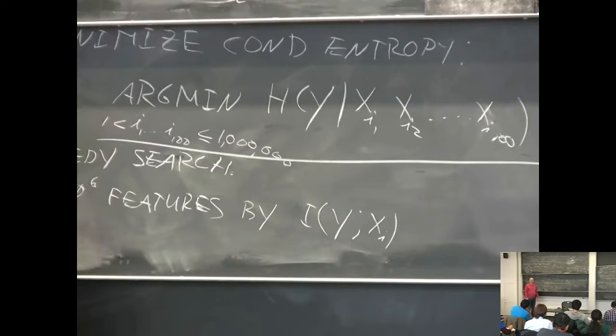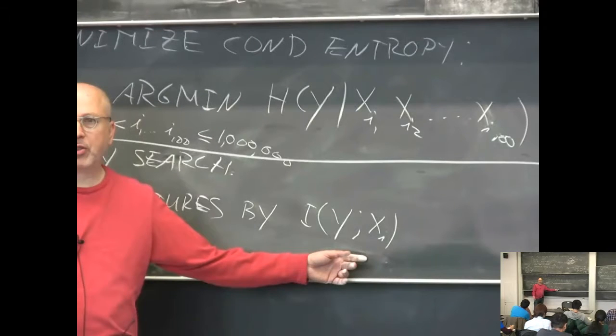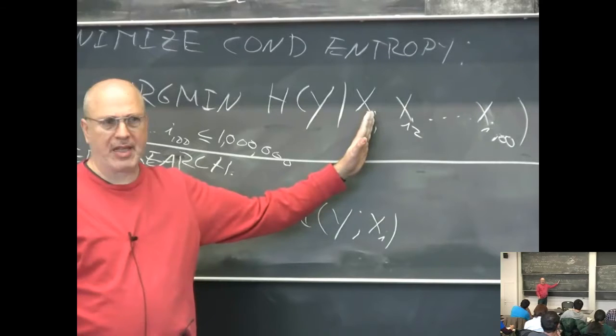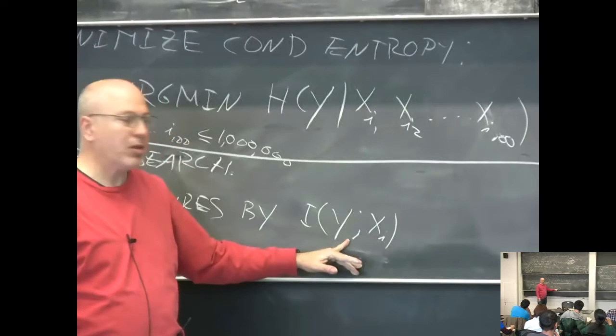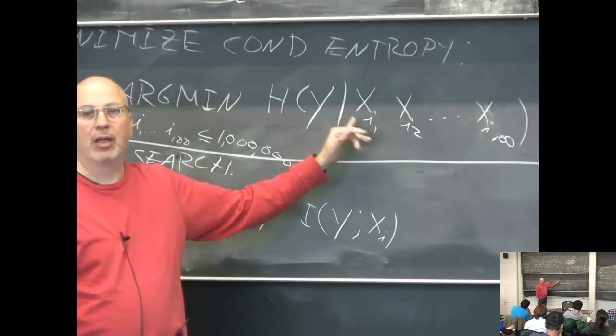The one feature that has the highest mutual information is also the one feature that has the lowest conditional entropy when you plug it in here, right? That's the same thing. I hope you know that. Maximizing the mutual information between this and this is the same as minimizing the conditional entropy of Y given that X.